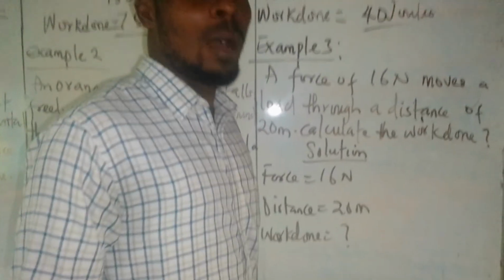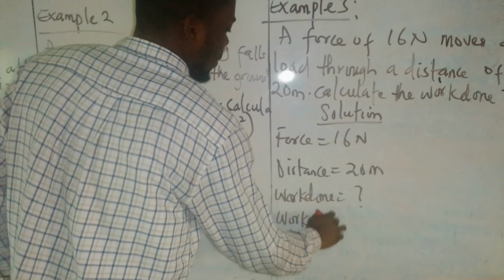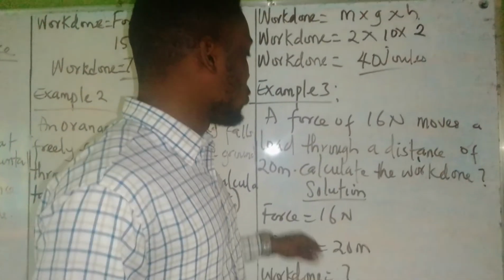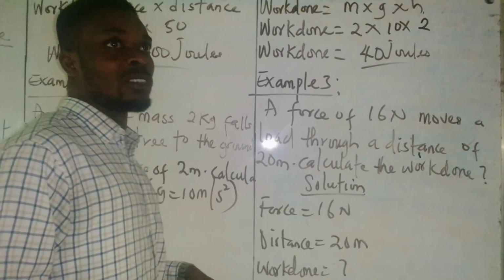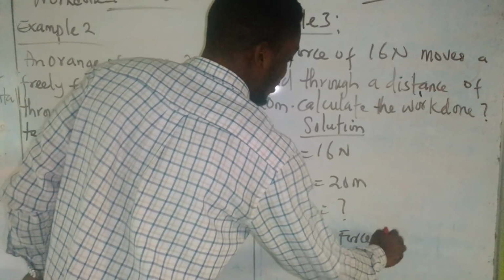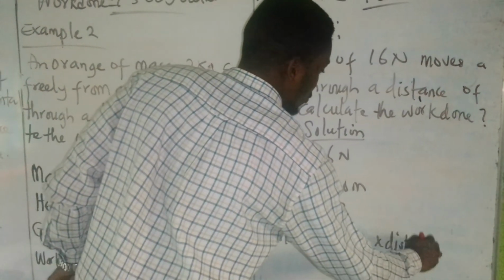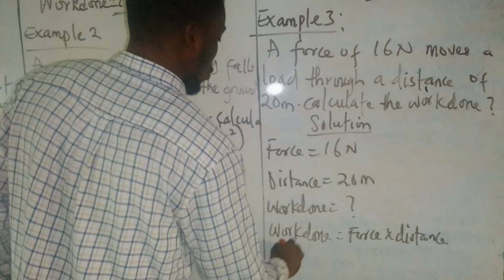So what do we do from our formula? Please, from the parameters, you will know the formula to use. We're having force and distance. It means we are using force times distance. So work done.